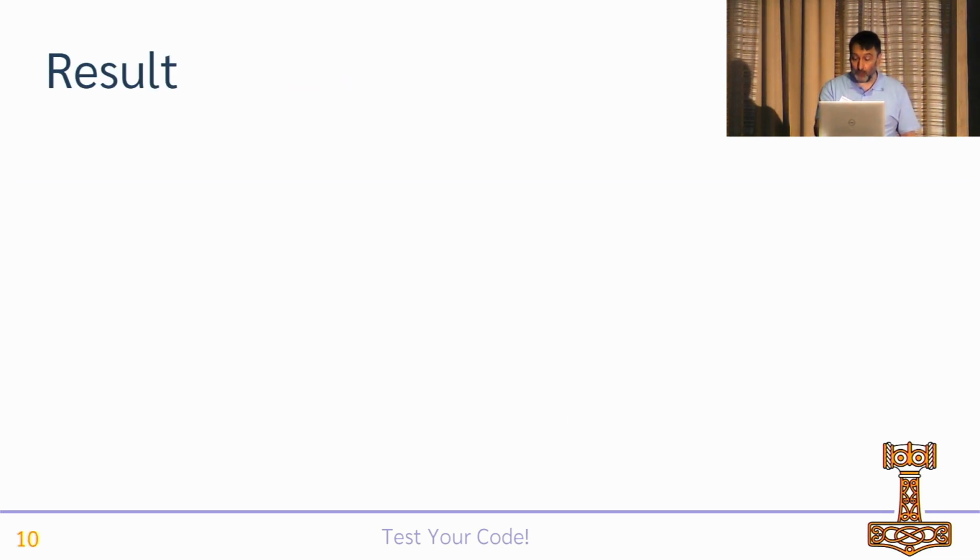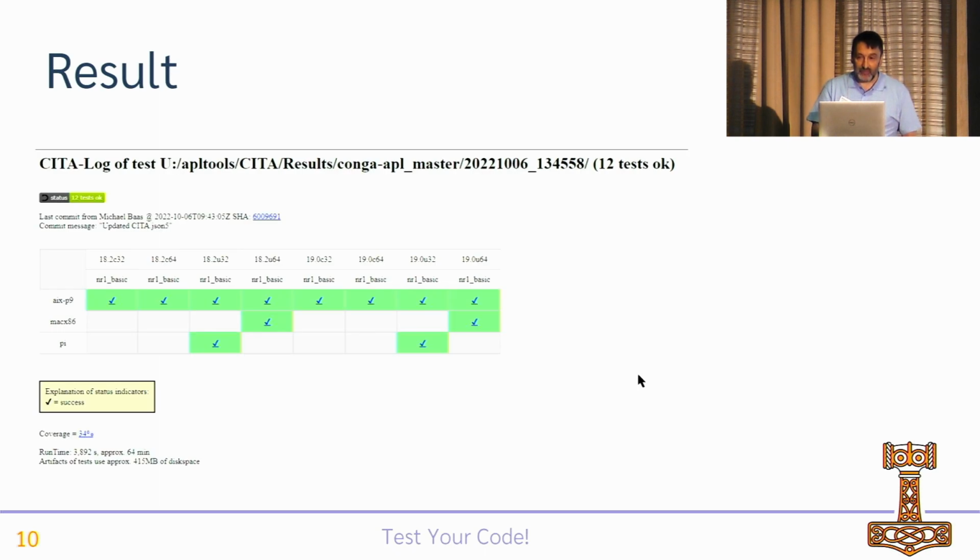When the test has completed, it compiles its result into an HTML table that shows you on which platforms the tests were executed, which interpreters they were tested against, 4 versions of 18, 4 versions of 19, and the test suite that was defined for this repository contained 2 tests, number 1 and number 2. Only 1.